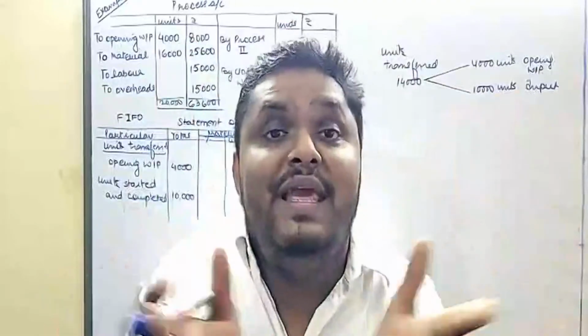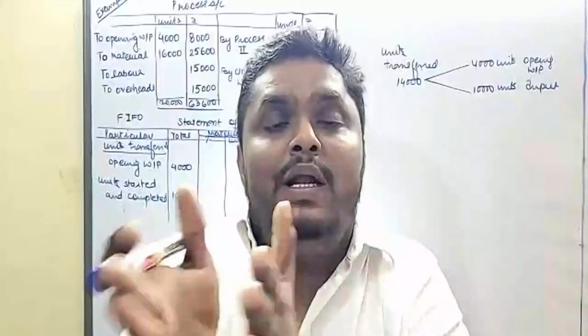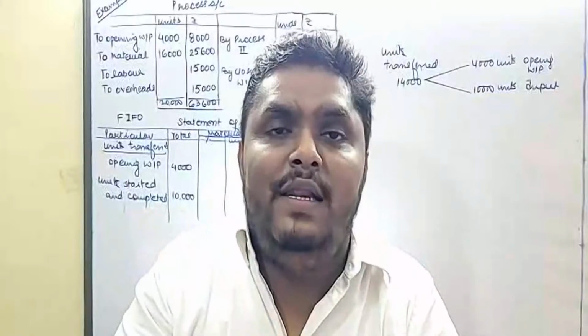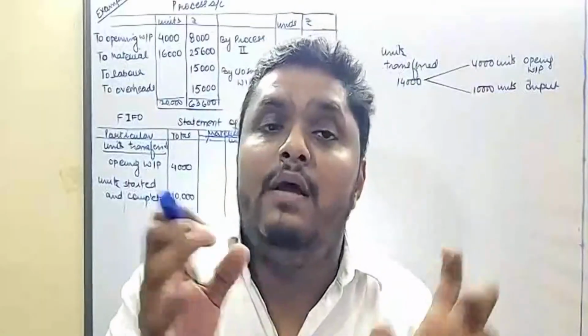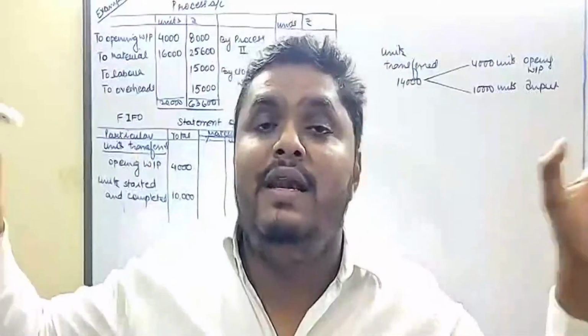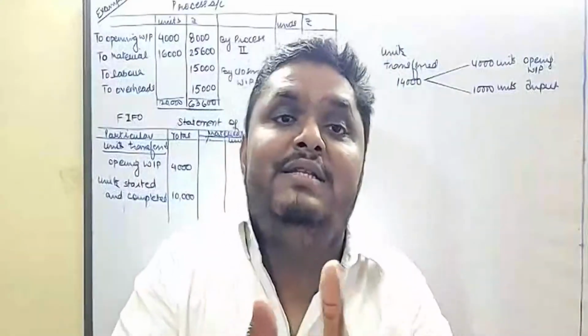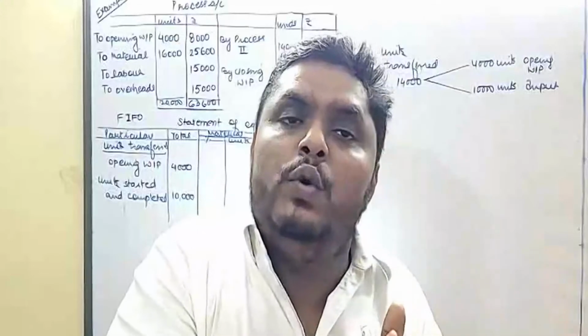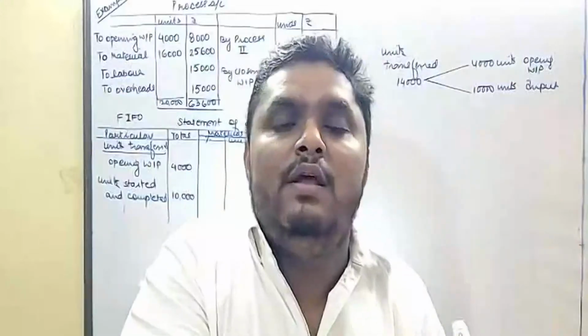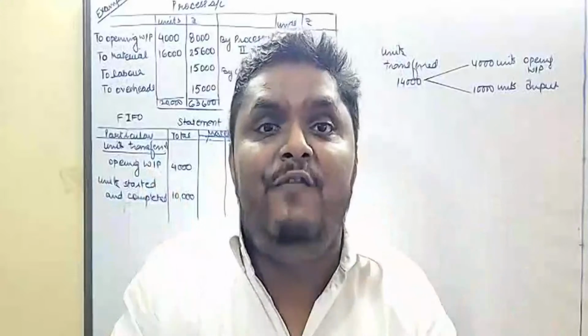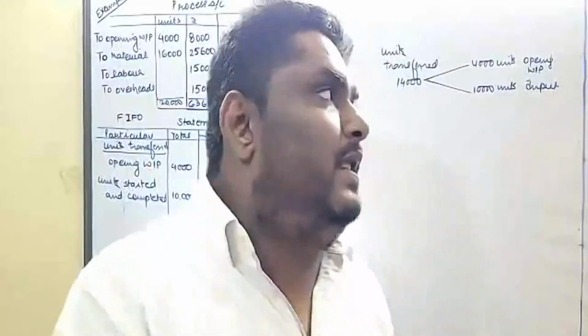This work was done in the month of December. So in the month of January, no material cost will be incurred because material work is already done in the last month itself. And when talking about labor and overhead, since it is already processed up to 25% last month, the balance 75% work will be done in this month.